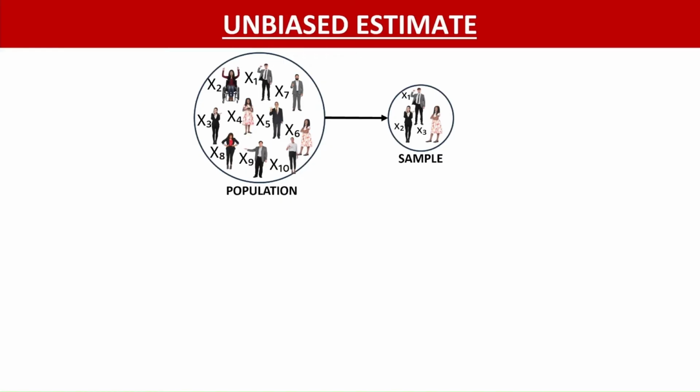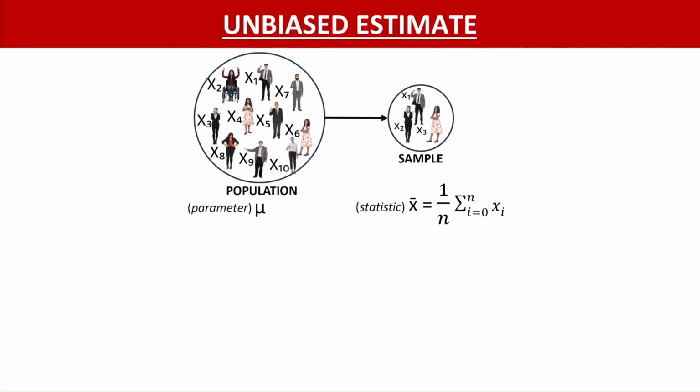Then we will use the sample mean, that is a statistic, to estimate the population mean, that is a parameter. The population mean is represented by mu and the sample mean, as we discussed in the previous lecture, is represented by x bar. Since mu is the population mean, it is a parameter, and since x bar represents the sample mean, it is a statistic.